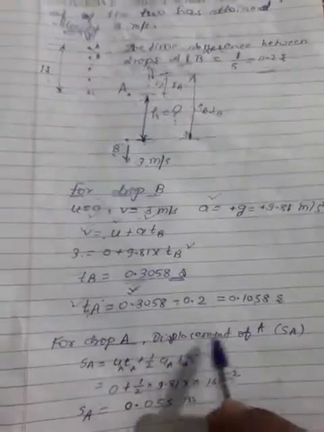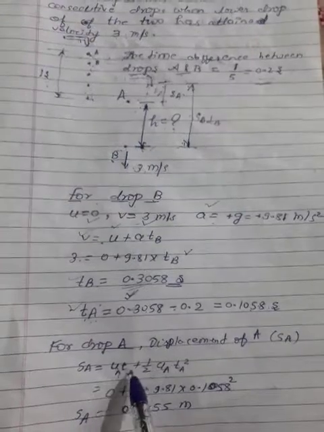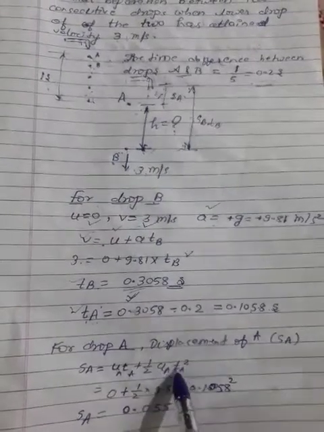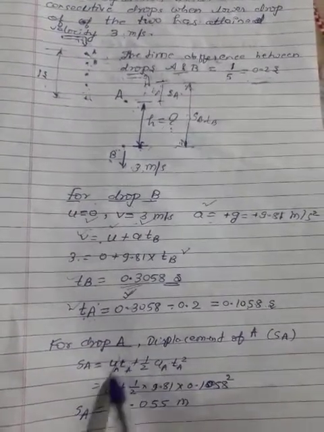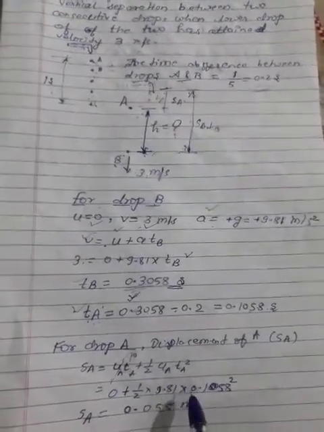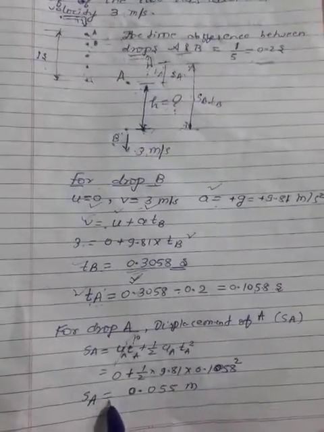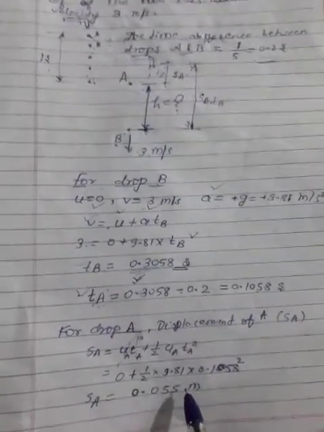So for drop A, the displacement of A is nothing but SA equal to uA TA plus half aA into TA squared. After putting in the values, the initial velocity for drop A is 0, so 0 plus half into 9.81 into TA 0.1058 squared. So I will get the value of SA as 0.055 meter.